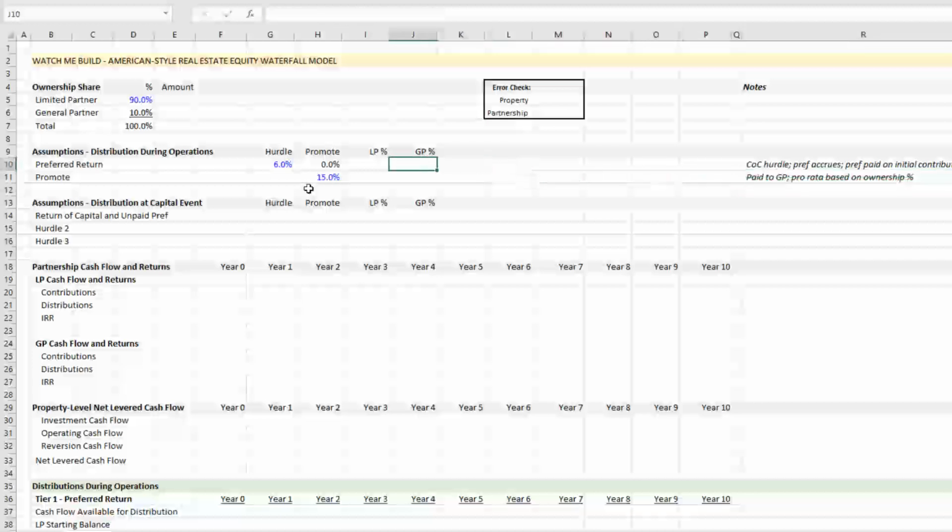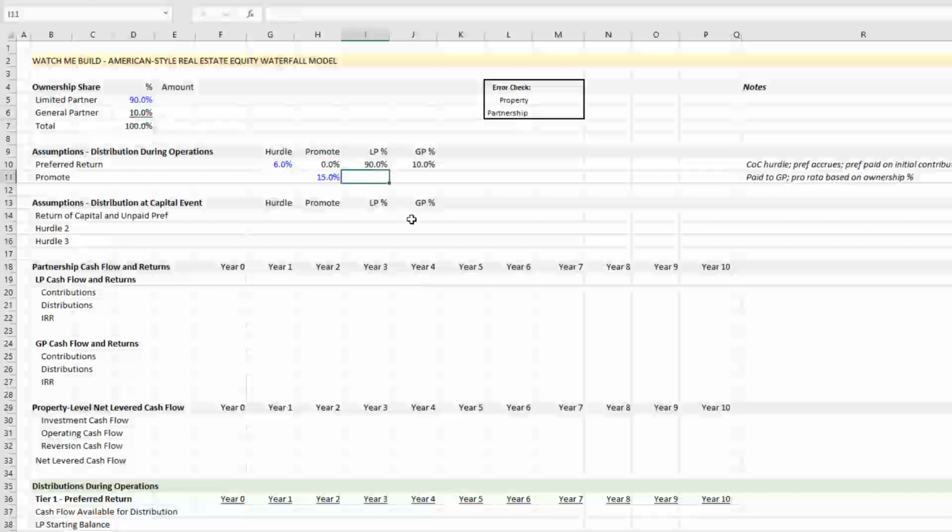So that means that at the preferred return level, the LP's distribution percentage is equal to its ownership percentage, and the GP is equal to 1 minus that 90%. And not surprisingly, it's also equal to the GP's ownership share.